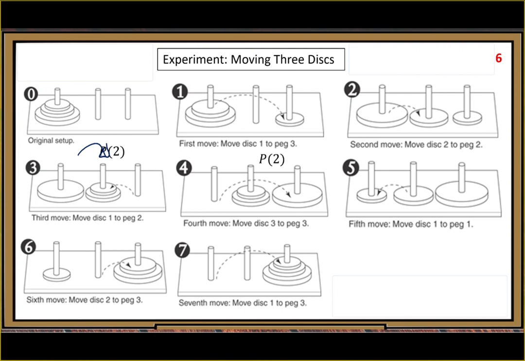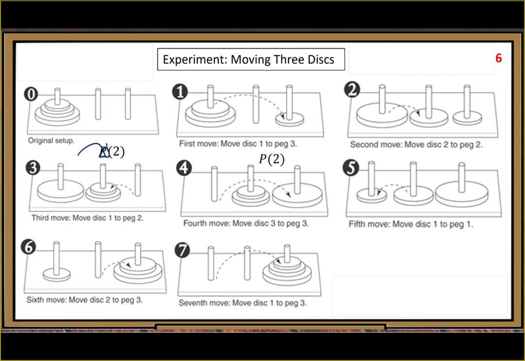Then we get a complete solution. So you can see after 7 moves in this order, we complete the whole solution. That's for size 3.